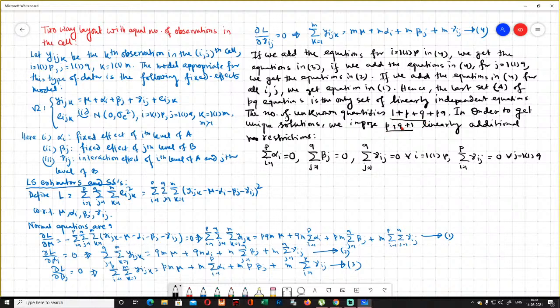So these additional restrictions, that is p plus q plus 1, give the unique solutions of the unknown 1 plus p plus q plus pq parameters.